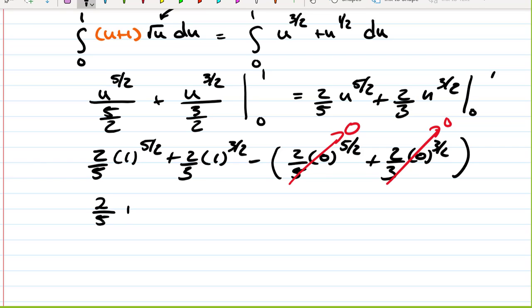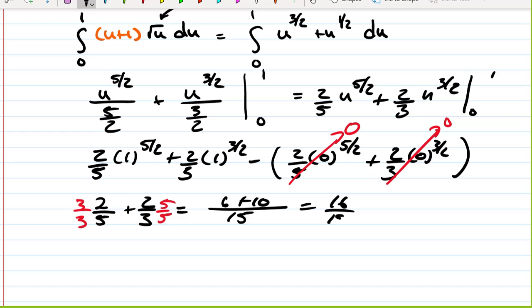So we get 2/5 plus 2/3, which then we could simplify, common denominator of 15. So this guy would need 3/3, 5/5. So 6 plus 10 would give us 16/15. So the value of that integral would be 16/15.